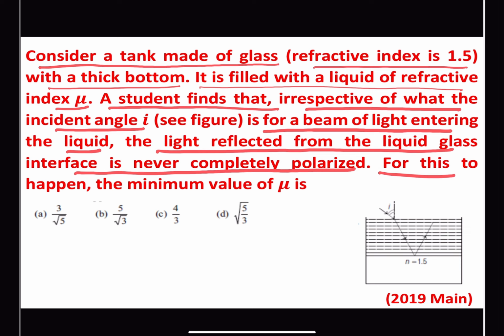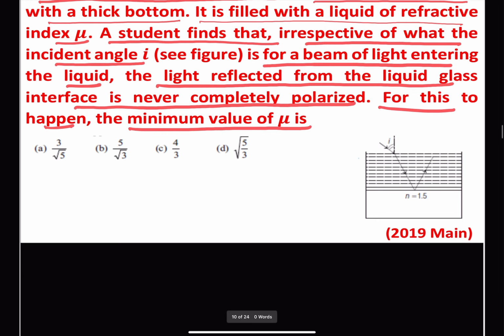For this to happen, the minimum value of mu should be. Okay, so we are given this figure. Here the angle of incidence is given as i, and this is our liquid-glass interface, and the glass has a refractive index of 1.5, and the liquid has refractive index mu.